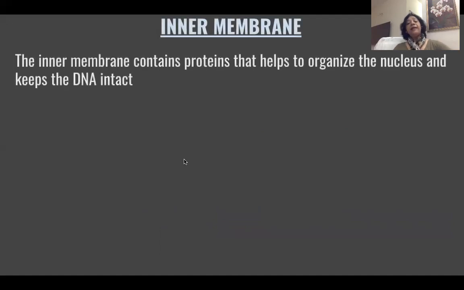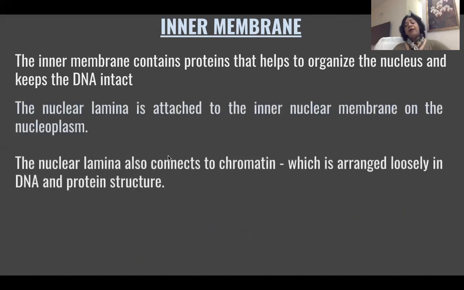Let us now go to the next subheading, that is the inner membrane. The inner membrane contains proteins that help to organize the nucleus and keep the DNA intact. Now, if I have to speak about the inner membrane, I also have to tell you about the nuclear lamina.